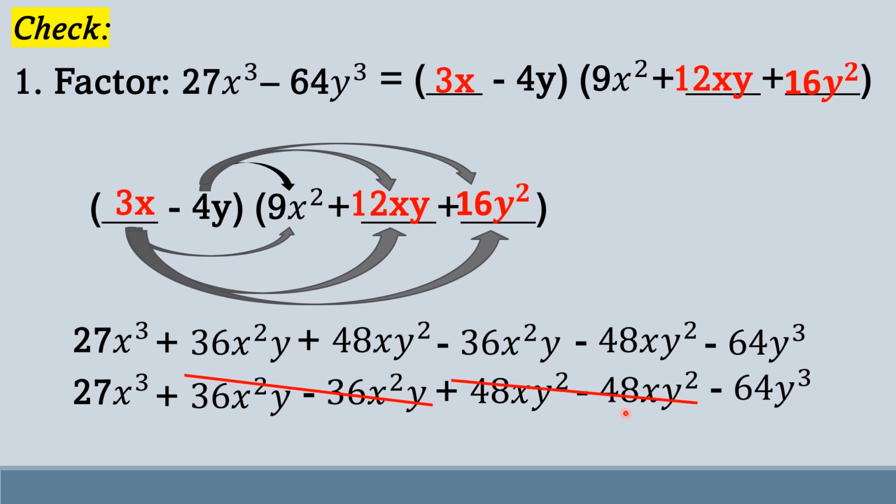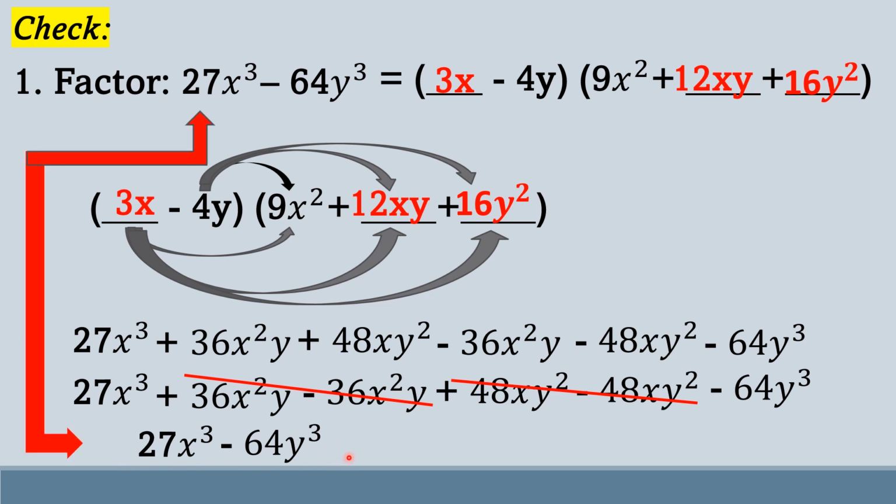If we combine, that will give us 0. So we have the remaining terms, 27x cubed minus 64y cubed. If the remaining terms are the same as the given polynomial, the factors that we have are correct.